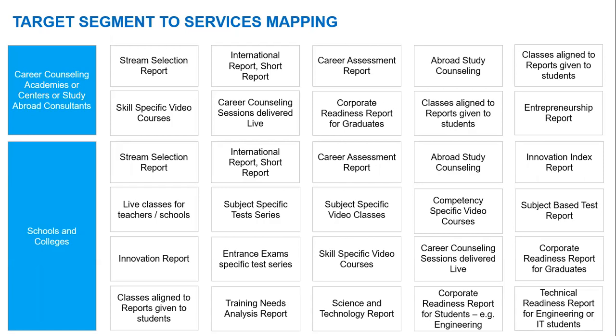So these are things you can offer if you're trying to partner with larger career counseling academies or study abroad consultants, for example, who are not into career counseling, and you can offer the career counseling for them.